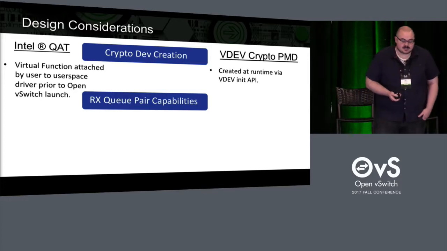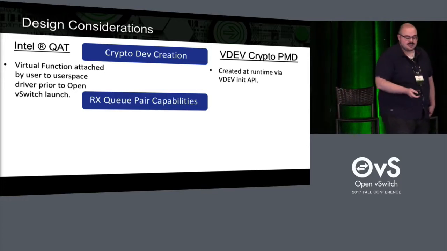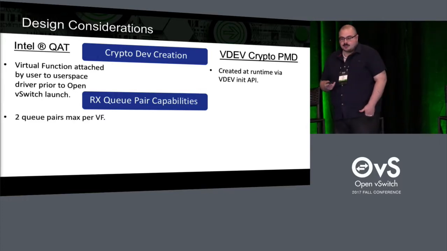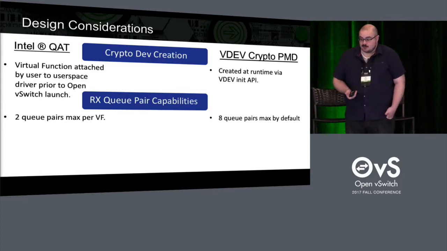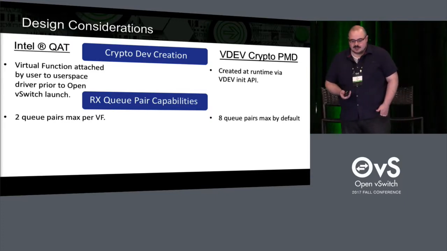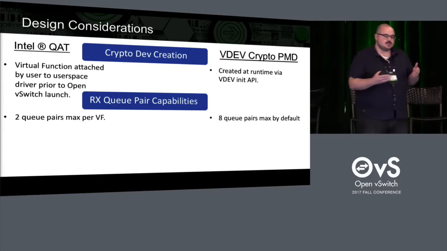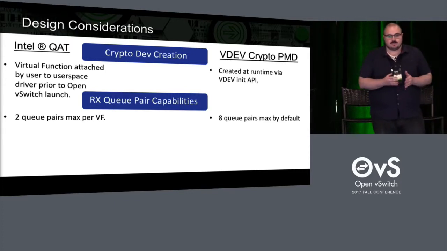Next, queue pair capabilities. This is the queue pair capability for doing crypto operations on a CryptoDev device. For QAT devices, you have 2 queue pairs max per VF. On a VDEV Crypto PMD, you have 8 queue pairs by default max. You might ask, what's the difference there? But if you're looking at something like a lockless design where you don't want contention between cores for the same queue, you might decide to do a queue per core.